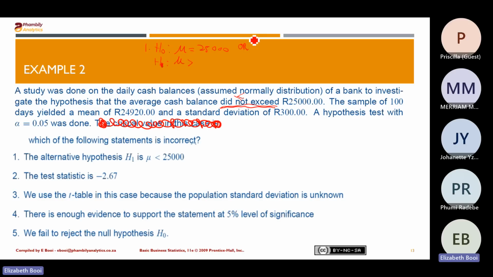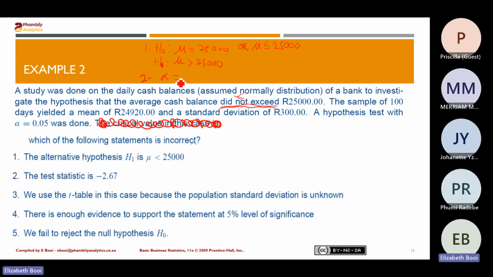We can also state it as the mean is less than or equal to 25,000. And this will be the opposite of that, which is greater than, which is it exceeds 25,000.